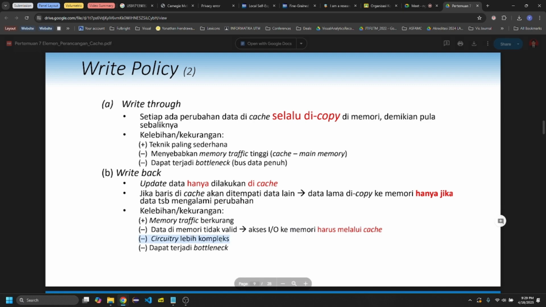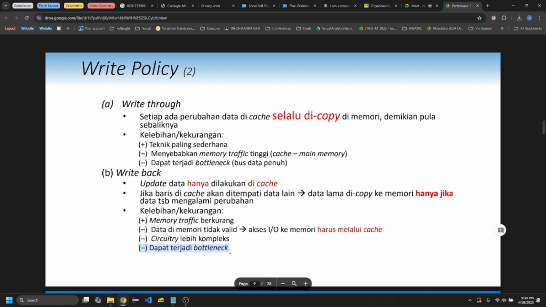The other downside is that the electronic circuit needed to implement this is more complex compared to the first solution. And even though the memory traffic is less than the previous one, it can still cause a bottleneck when every single line in the cache was updated by the CPU, and then all of them need to be replaced with many other data lines.